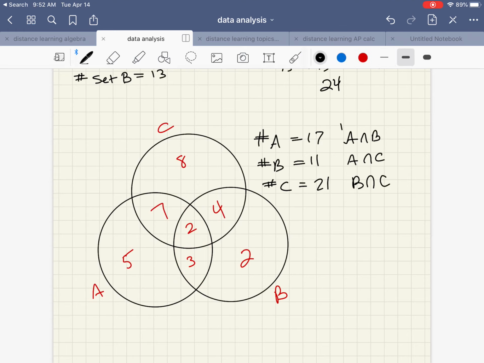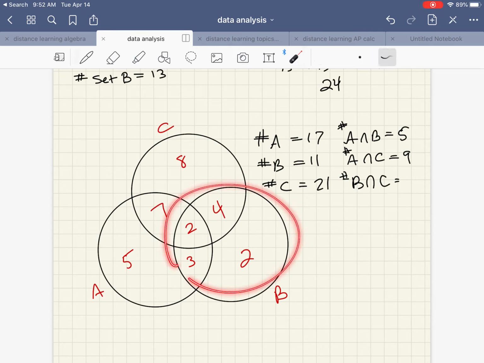And again, we're looking at just the number in each of these, and that would be 5. A intersect C would be this region here, 7 and 2, which would be 9. And then B intersect C would be this region here, and there are 6 things in there. Now, these all just represent a number of things, not the number 8, but 8 actual items in there.